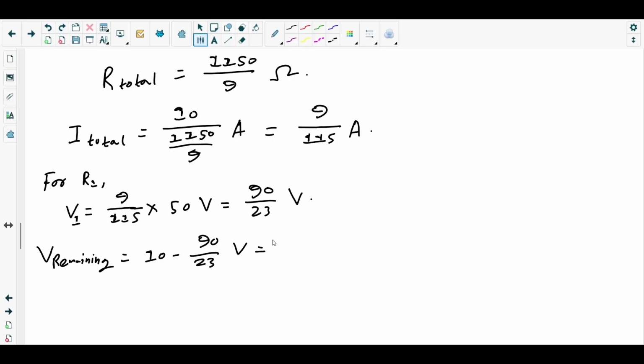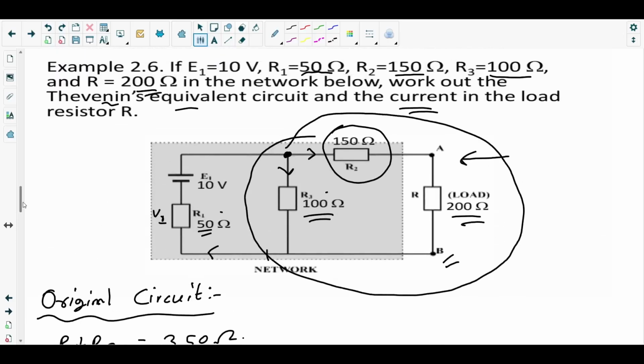So 10 minus 90 over 23 volt gives you 140 over 23 volt. Okay, that's the PD across the resistor R3, right?